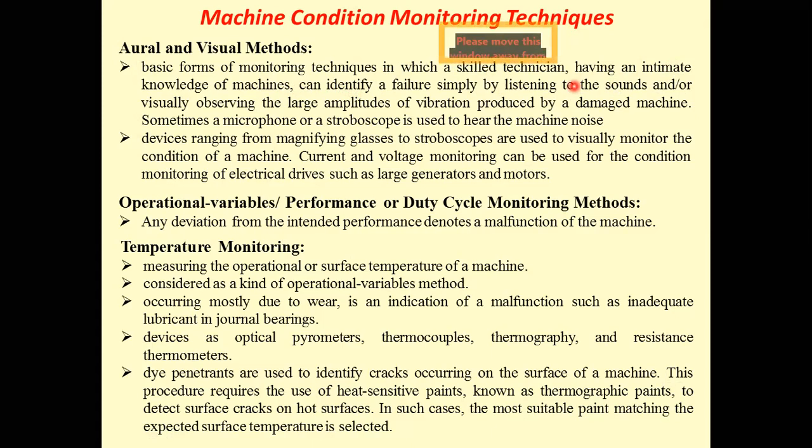So by hearing the sound of the machine, the skilled person can identify failure. Similarly, the skilled technician can visually observe that a machine has large amplitudes of vibration produced because of a damaged part.